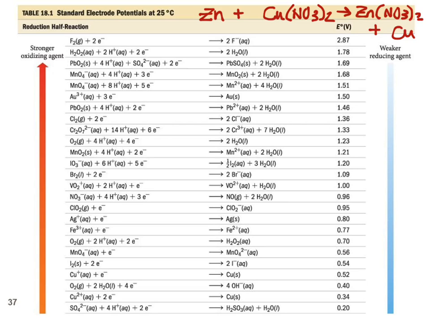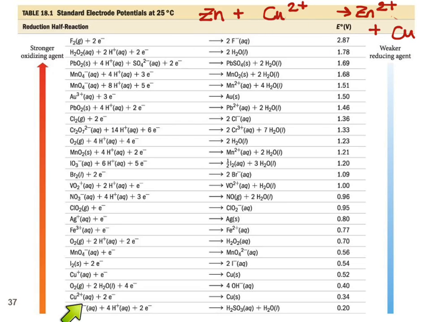So let's see if this would happen, because what are we talking about here? This is zinc 2 plus, so copper 2 plus, and this is zinc 2 plus. So the forward reaction would be zinc going to zinc ions. I mean the first one, which is not reduction, that's oxidation, and copper 2 plus going to copper solid, copper element, that's a reduction.